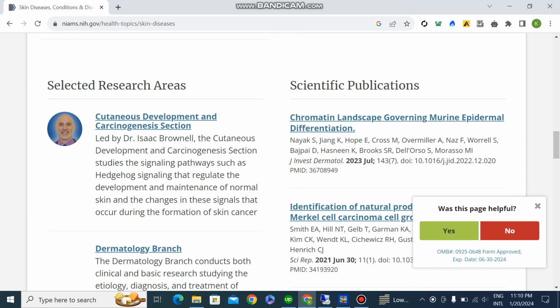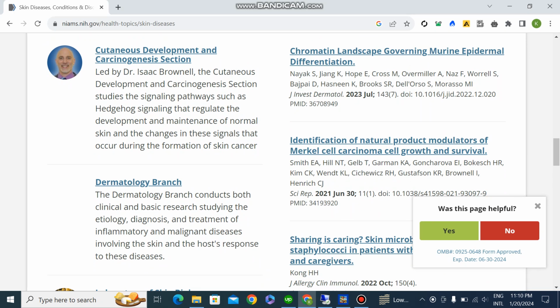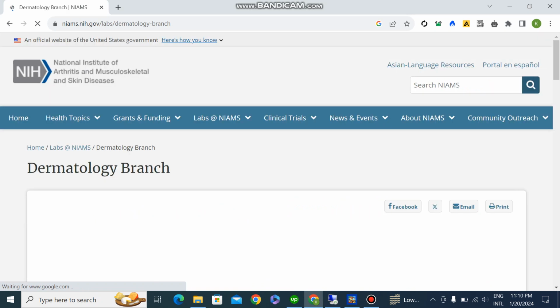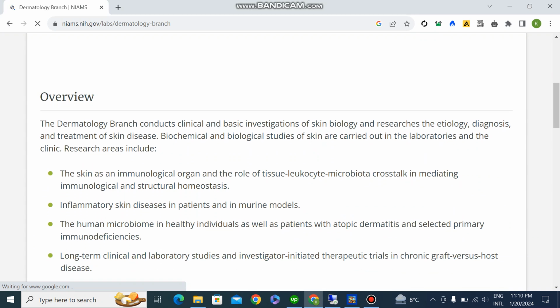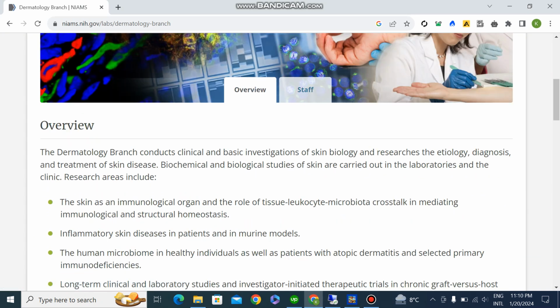So we have to learn about the dermatology branch. The dermatology branch conducts both clinical and basic research. It conducts clinical and basic investigation of skin biology and researches the etiology, diagnosis and treatment of skin disease.